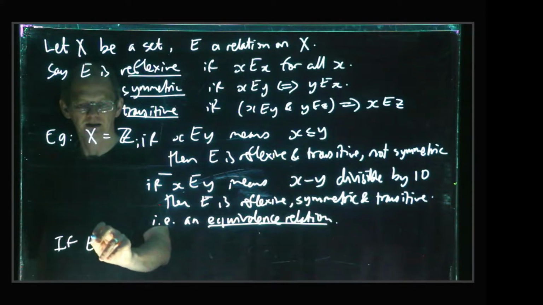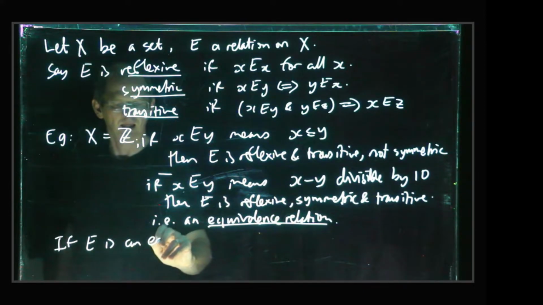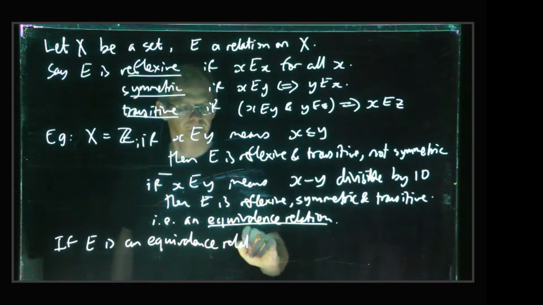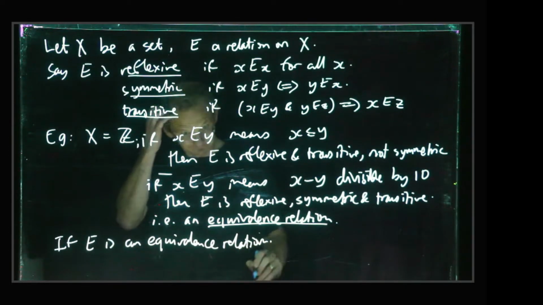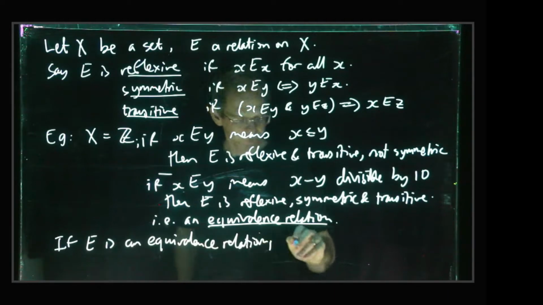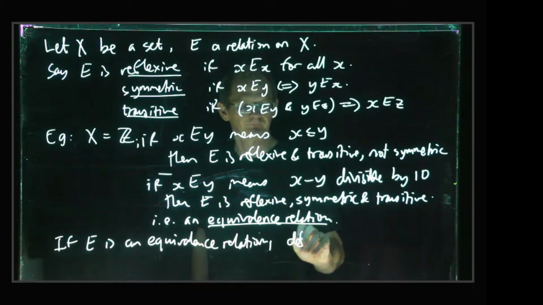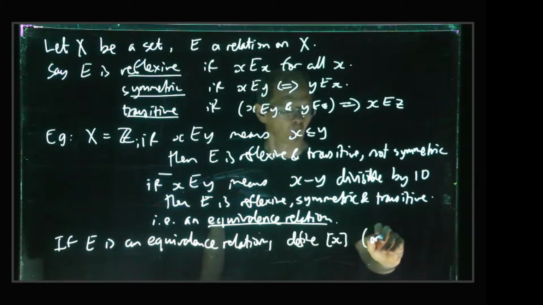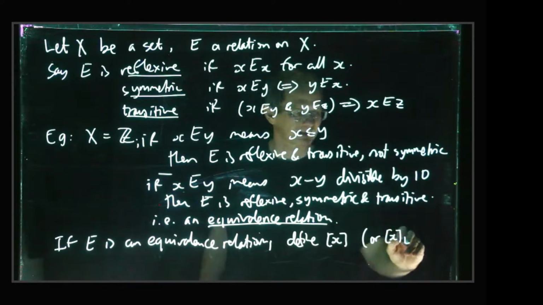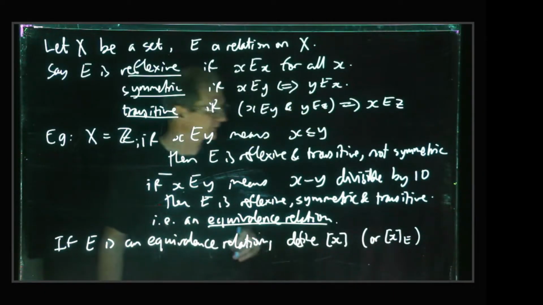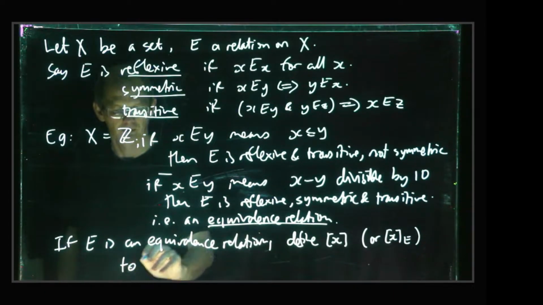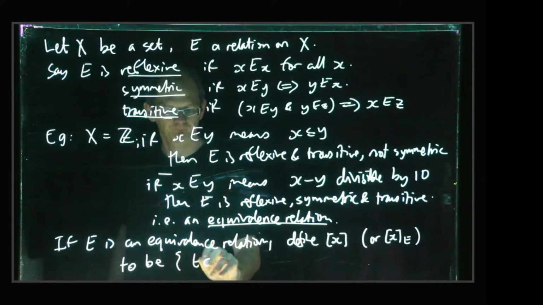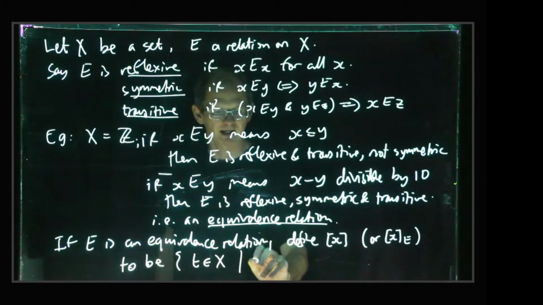So if E is an equivalence relation, then we define square bracket x, or we might write it as square bracket x_E if we need to specify what E is, to be the set of those t in X such that xEt.